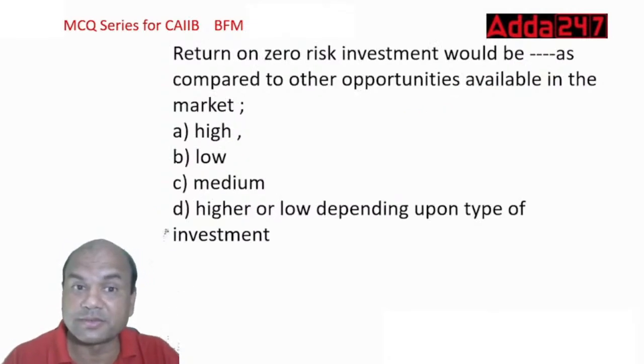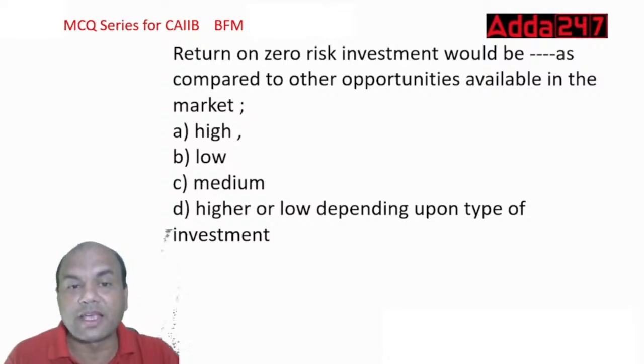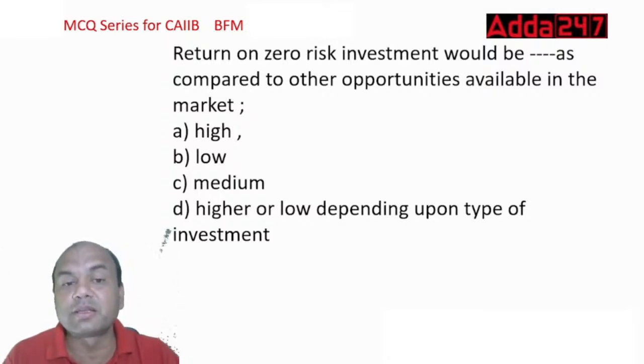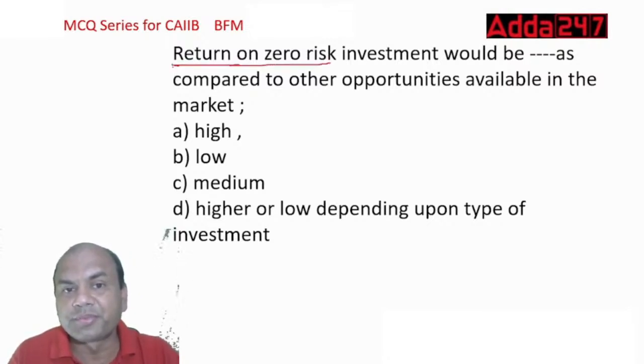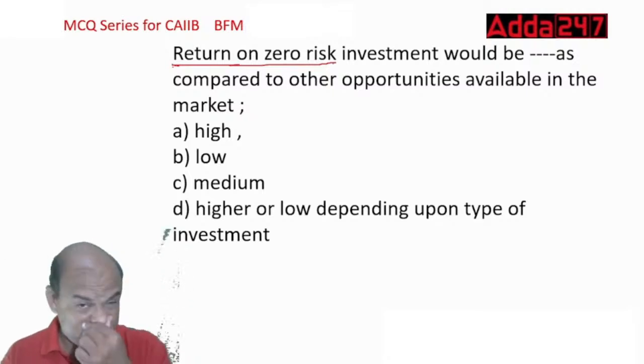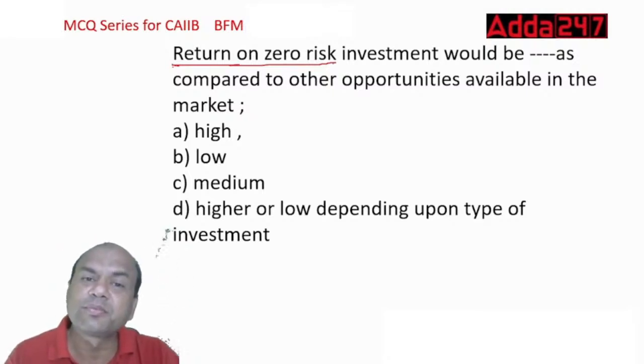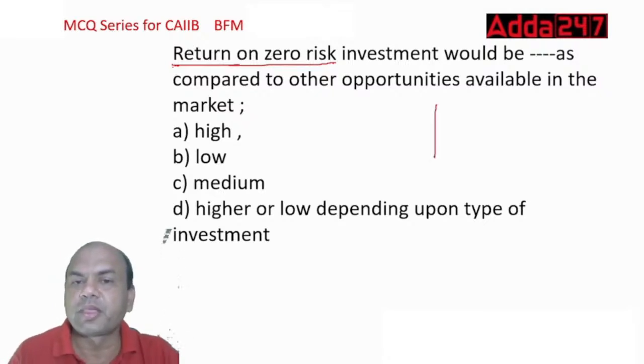Always remember this. Return on zero risk investment would be dash as compared to the opportunities available in the market. So zero risk means what? What do you mean by zero risk? Suppose I give you two options. Suppose I keep the money in a nationalized bank FD, let's say SBI FD.